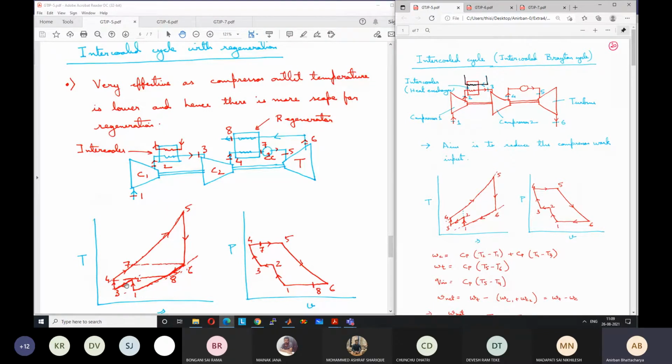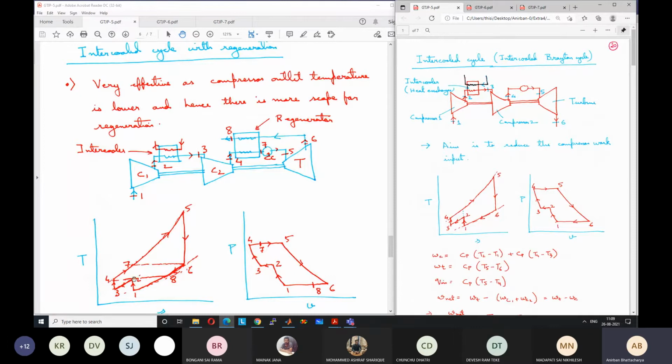The pressure is still high, remember, because this is a higher constant pressure line. So again it is compressed in the second compressor to state 4, which is at the highest pressure in the cycle. We have seen that for the optimum condition, the temperature at 4 is equal to the temperature at 2. So the compression ratio from 1 to 2 is equal to the compression ratio from 3 to 4.